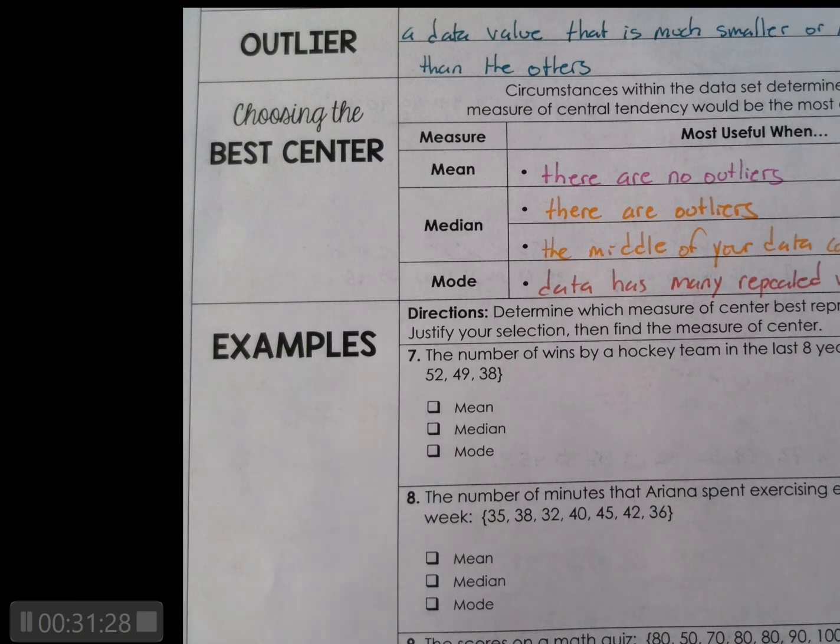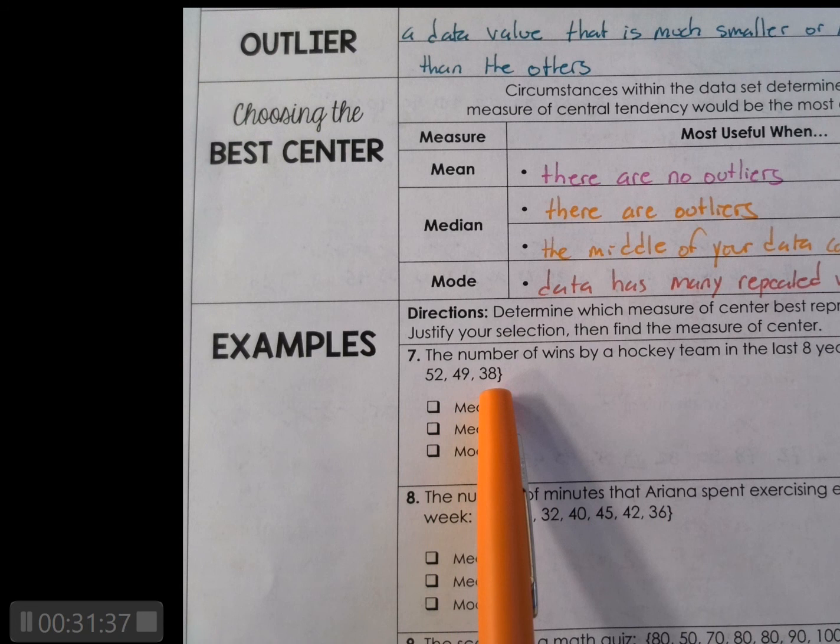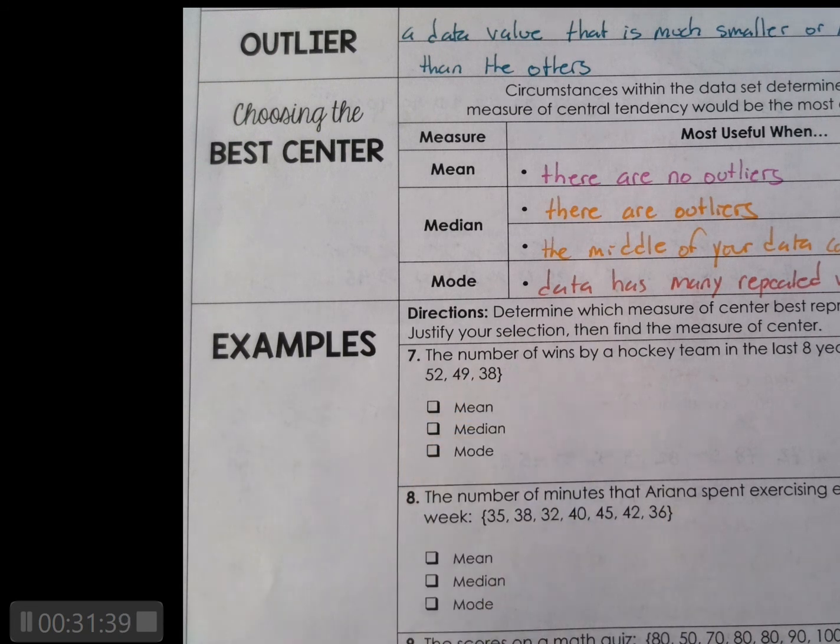All right, so the number of wins by a hockey team in the last 8 years: 56, 45, 26, 48, 54, 52, 49, and 38. Okay, so does it look like you have an outlier? I think 26 might be an outlier. And which one is most useful when you have an outlier? Your median. Okay.